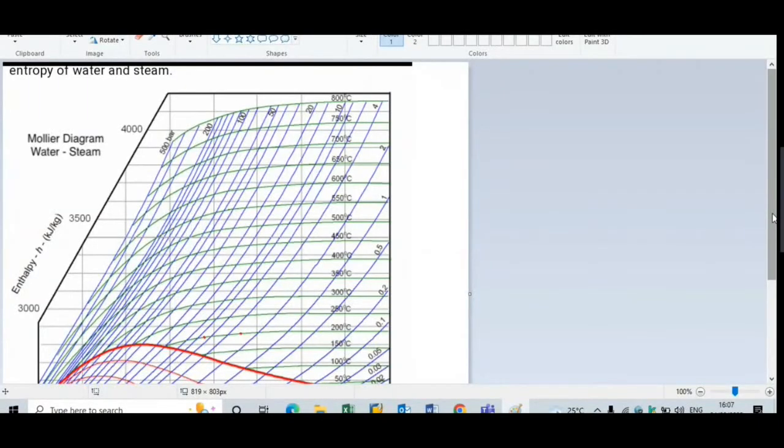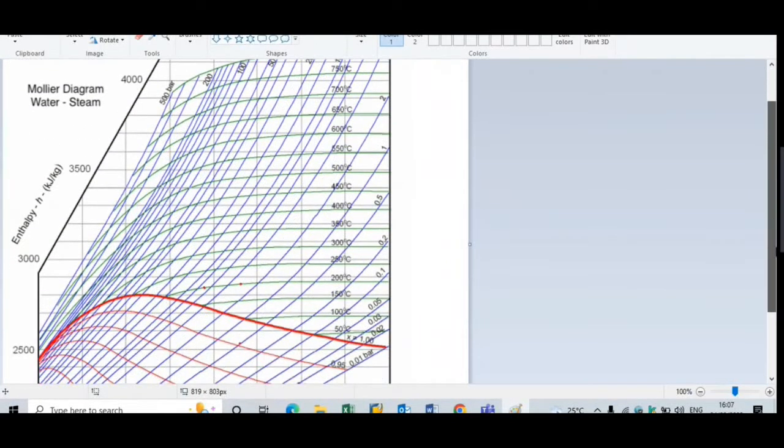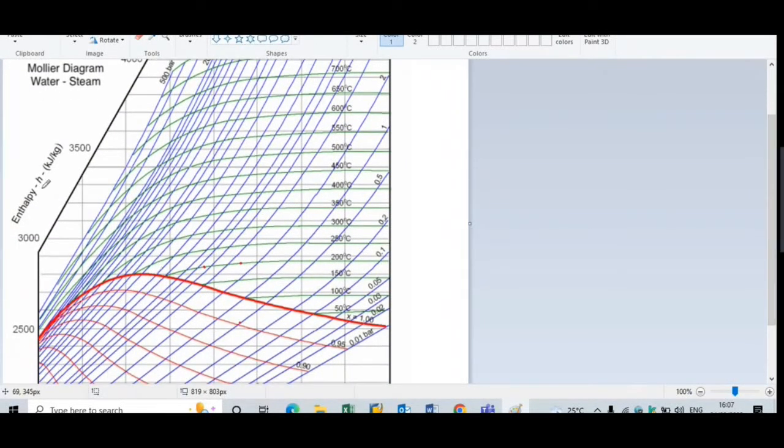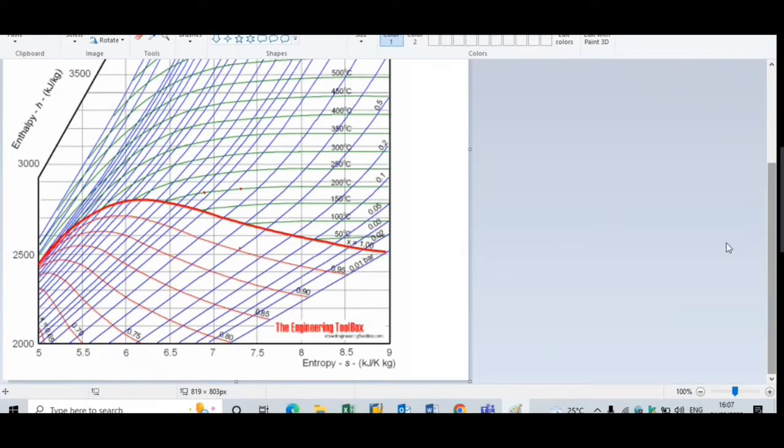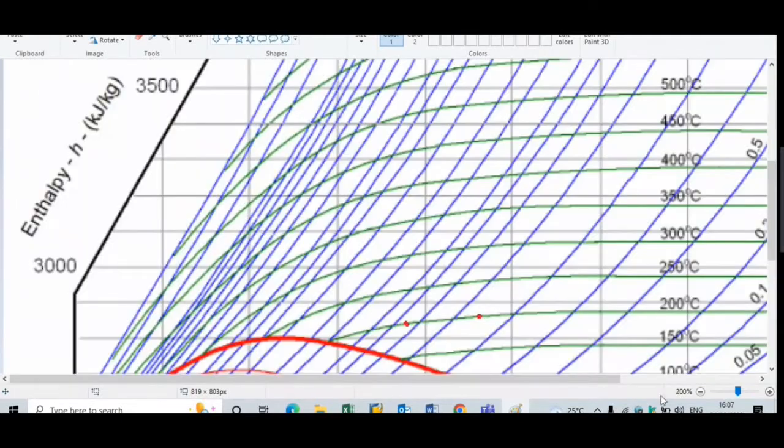This is the Mollier diagram, also known as the enthalpy-entropy diagram. On the vertical line, there is the enthalpy H in kilojoule per kilogram, and on the horizontal line, there is the entropy S in kilojoule per kilogram Kelvin. Now, if we observe this question, there are two processes taking place.